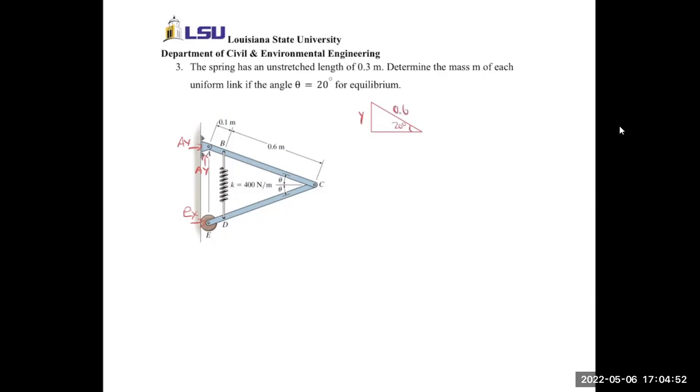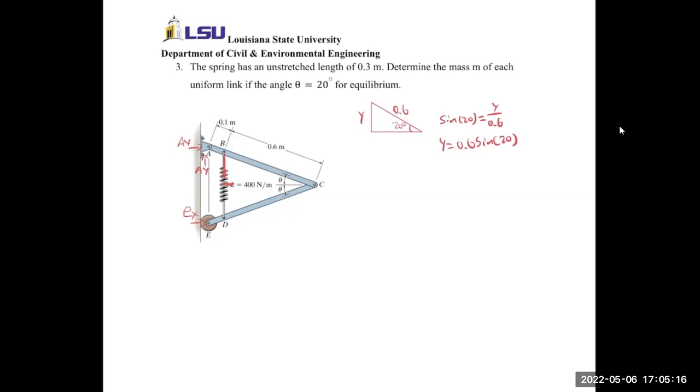So do our math. Sine 20 equals opposite, which is Y over the adjacent 0.6. So we get Y is equal to 0.6 sine of 20. Okay, so that's for this part of the stretch.